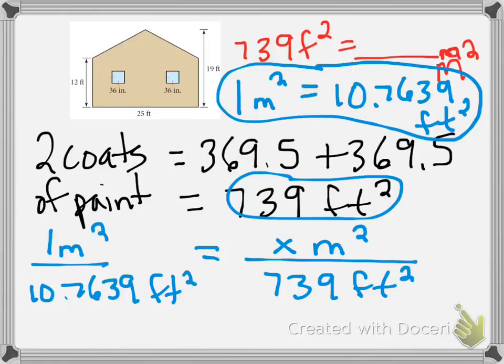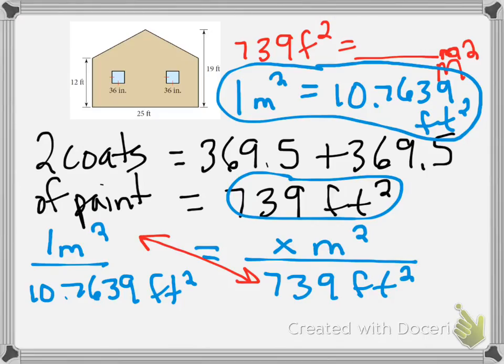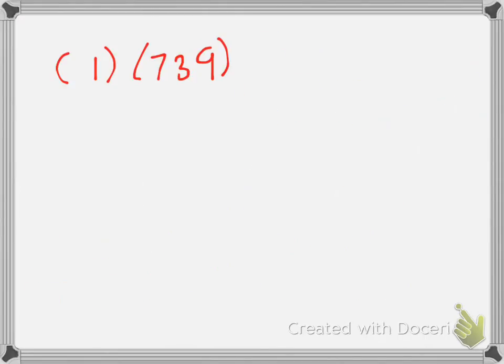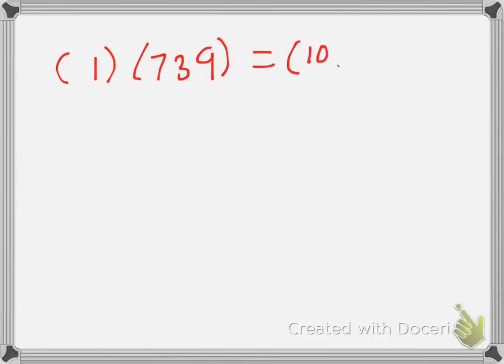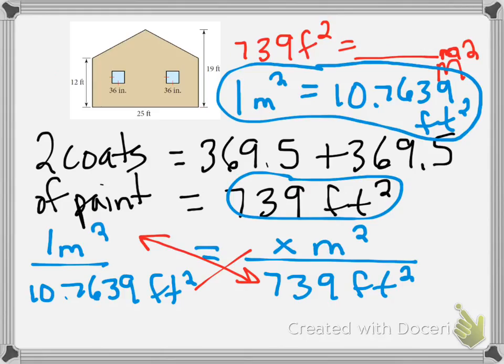So for cross multiplying, it's going to be 1 times 739 equals 10.7639 times x.